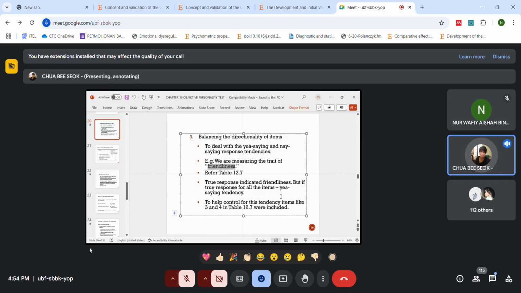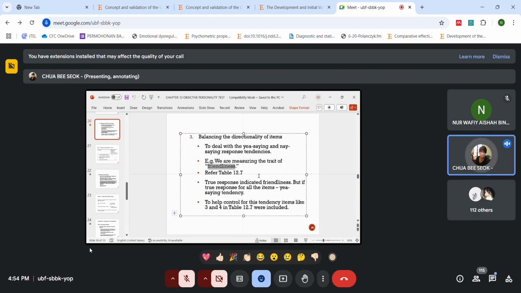So you include item 3 and item 4 to detect whether that person has a faking tendency, either yes-saying or nay-saying. If they answer no for all, they have a nay-saying tendency.